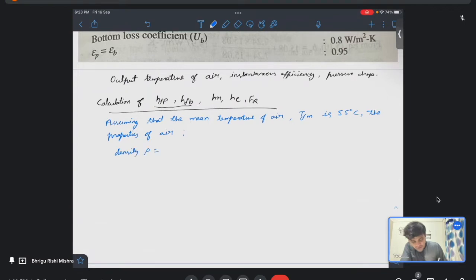Density rho equals 1.077 kilogram per meter cube.